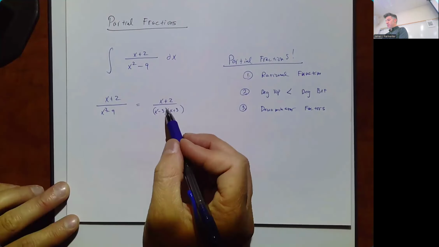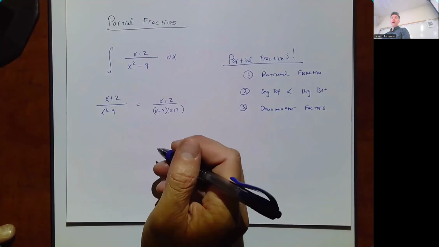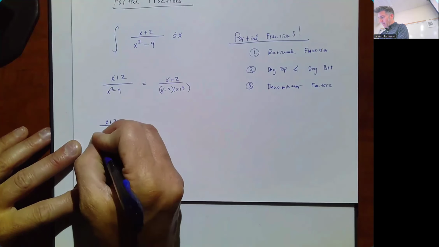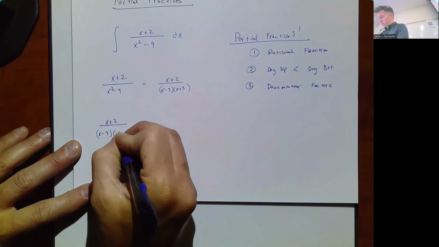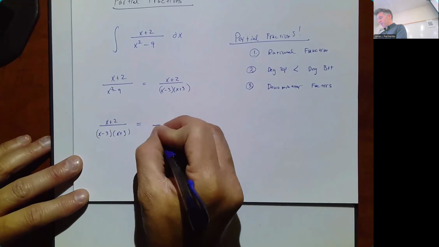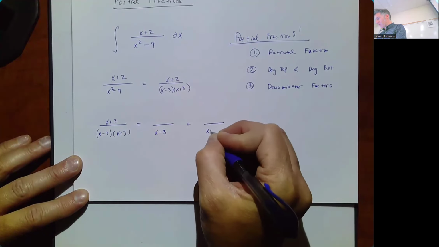So in this case, the denominator factors as x minus 3 times x plus 3. And then what we're going to do is take that expression and try to write it as the sum of fractions with simpler denominators. I'm going to write this as something divided by x minus 3 plus something divided by x plus 3.